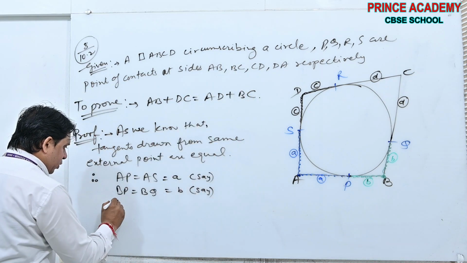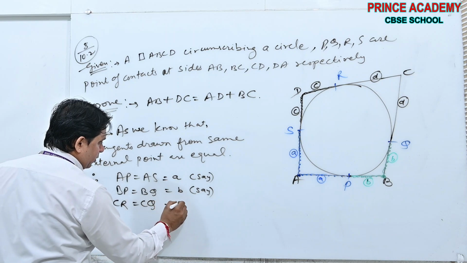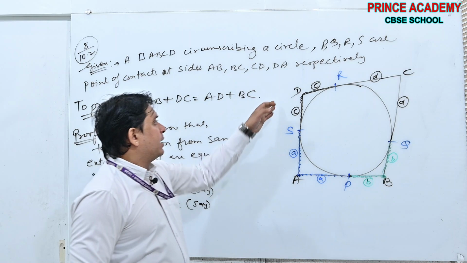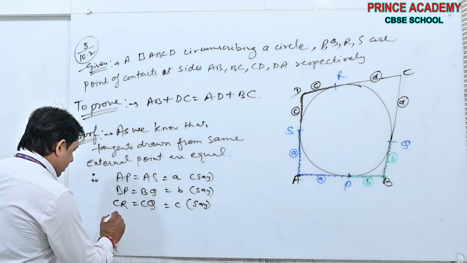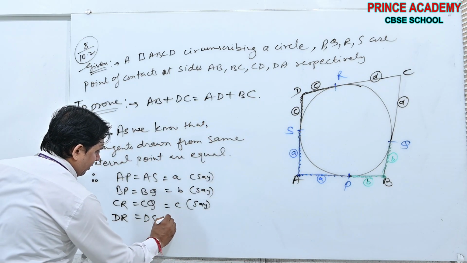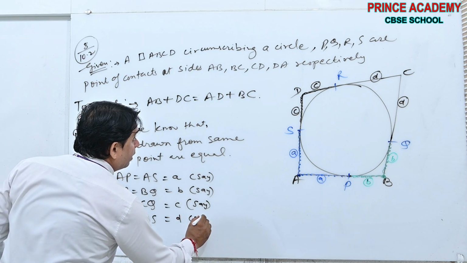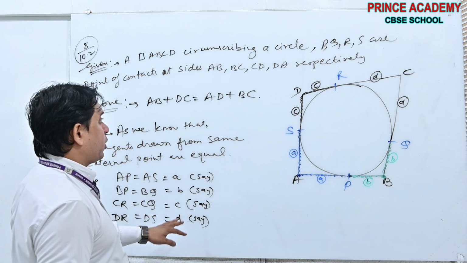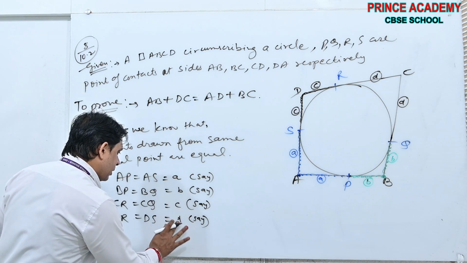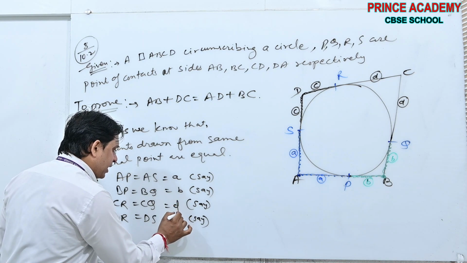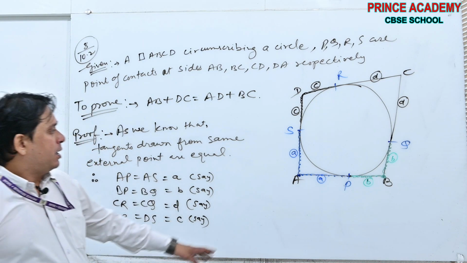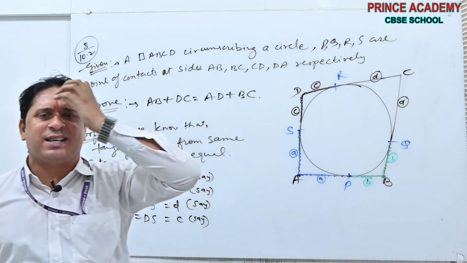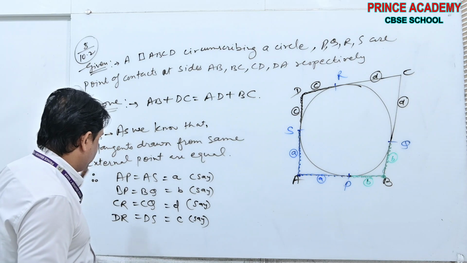CR is equal to CQ, equal to c. In the same way, DS is equal to DR, equal to d. A, B, C, D, whatever you want to assume here, X, Y, Z, any variable you want to use.